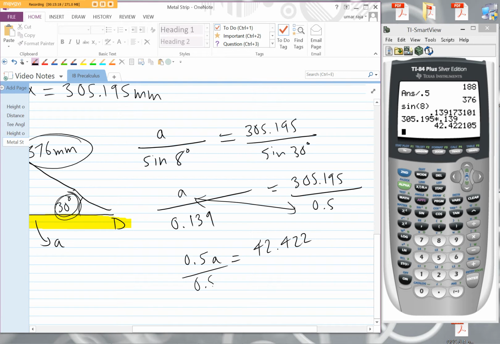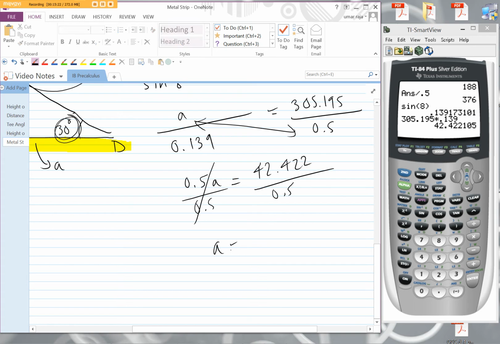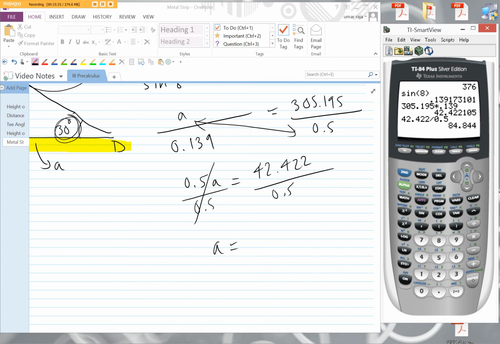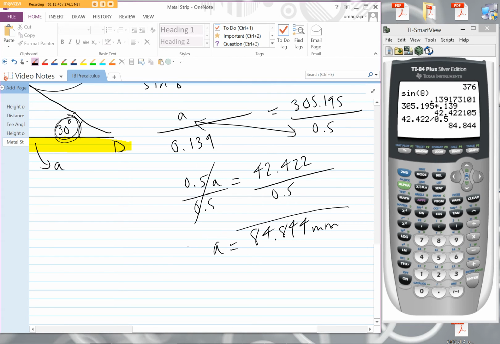Divide both sides by 0.5 and this cancels. So this tells you that A comes out to 42.422 divided by 0.5, and that's going to give me 84.844 millimeters. And that's the final answer.